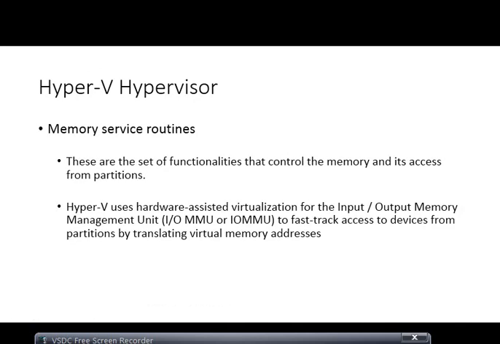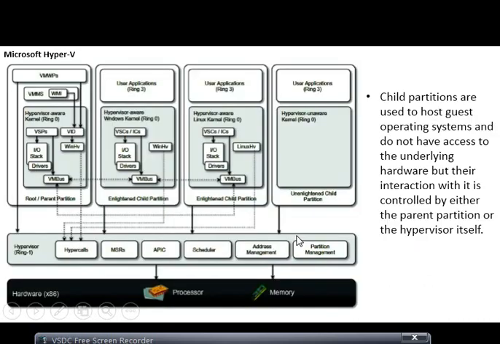Hyper-V uses hardware-assisted virtualization for the input-output memory management unit to fast-track access to devices from partitions by translating virtual memory addresses. So we have a common set of devices attached to this computer which is shared between all these virtual machines.